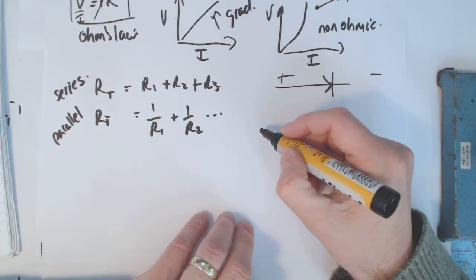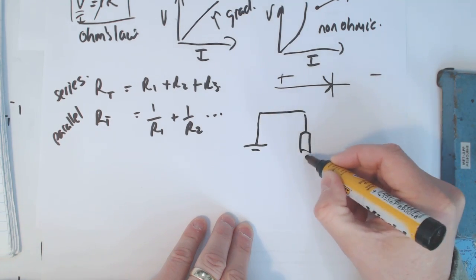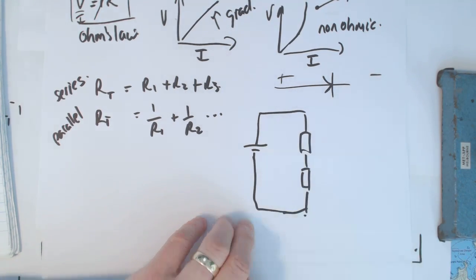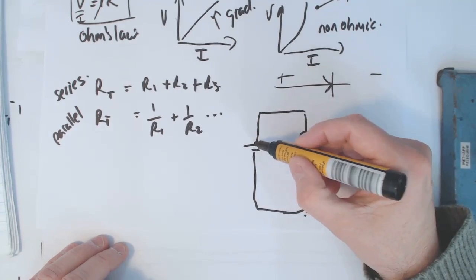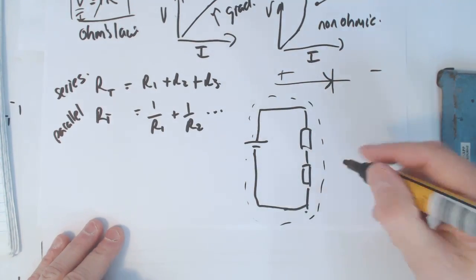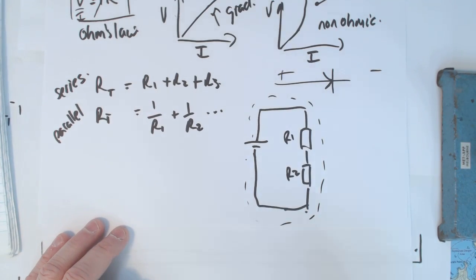So if we look at a circuit and we've got a couple of resistors here, I think we learned that if we had a voltage and we went round the circuit, we lost all our voltage. So if this is R1 and this is R2, two resistances, then we lose voltage as we go through the resistor, right?